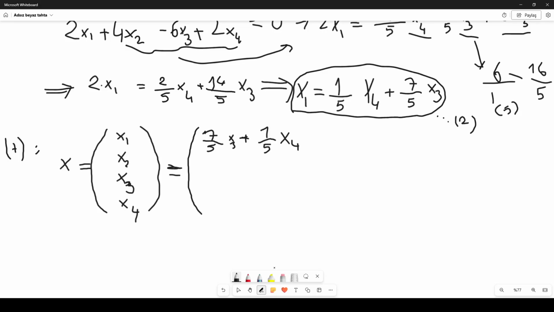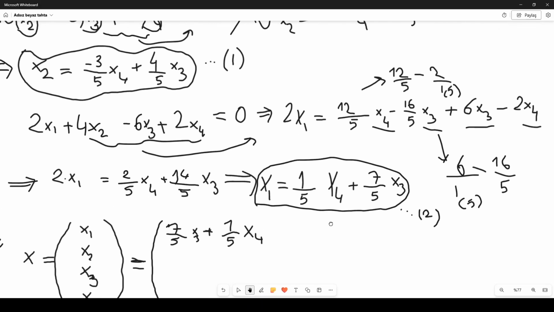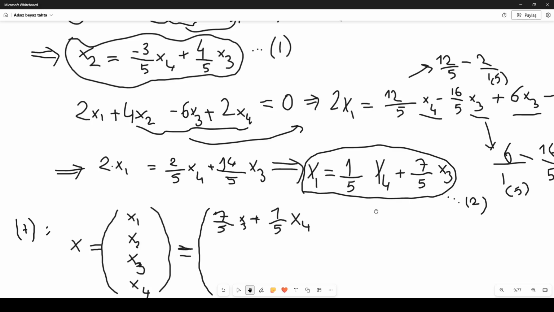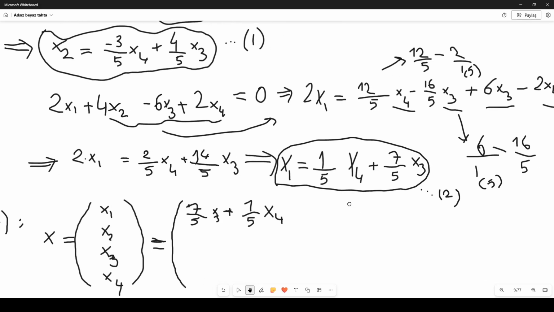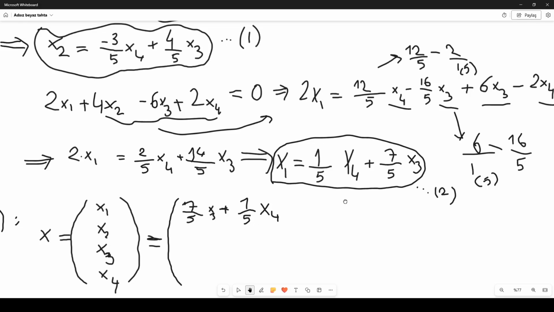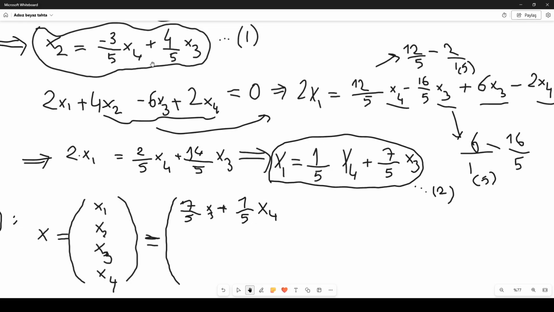And the second unknown variable is also a basic variable, so I replace it by its algebraic sum in terms of free variables. This is what we have found above here. I numbered it with equation number 1.